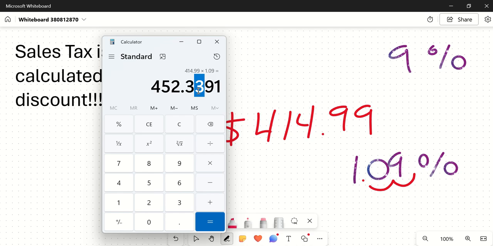Well, hang on. Let's go back and check. So I did this, right? 414.99 times 0.09 gave me this. Oh, okay. And then we rounded this up to 35. Okay, that's interesting. So 37.35 plus 414.99.